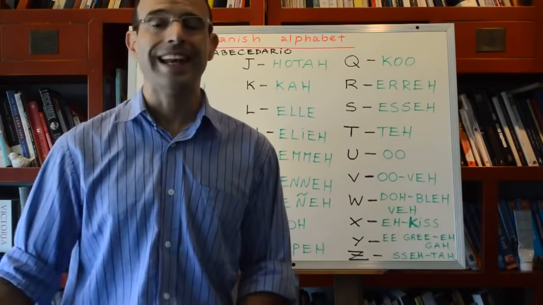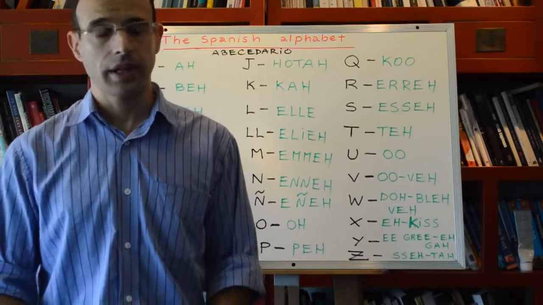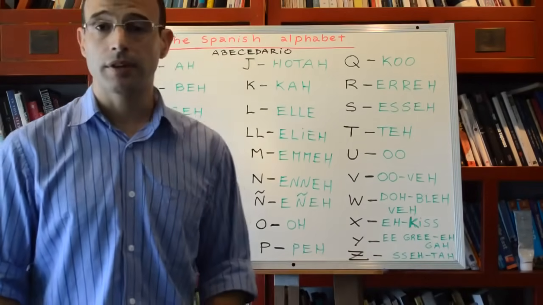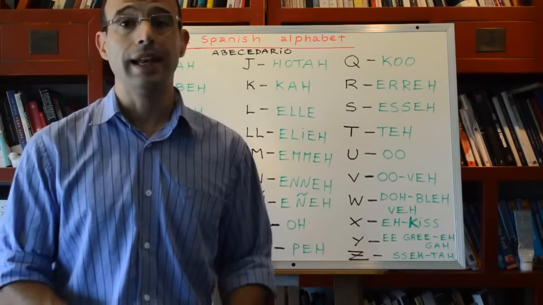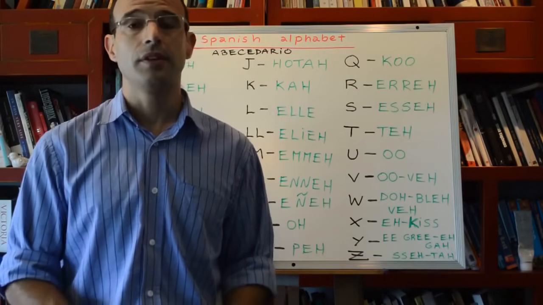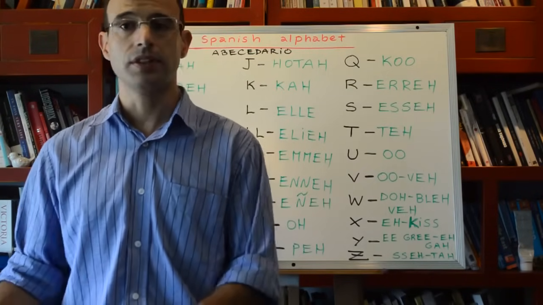However, in Latin America, and I'm speaking of all Latin America, theta would be pronounced zeta. So in Latin America, there is no such th sound like the English TH.